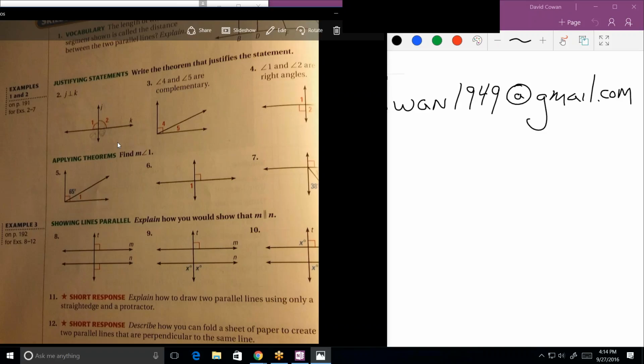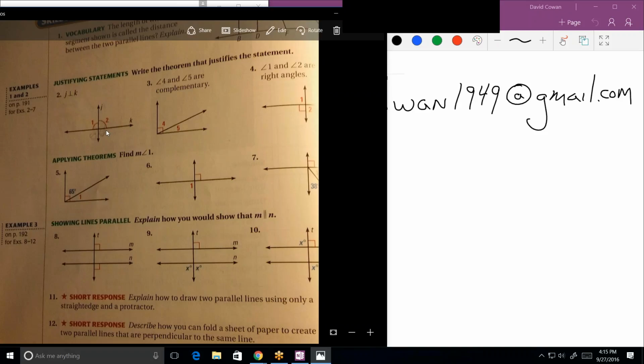There's no way one could be 91 degrees and the other 89. This tick mark, this curvature line, means that 1 is equal to 2. And we can tell they're a linear pair, so the only possible answer is that 1 has to be 90 degrees and 2 has to be 90 degrees, and that's what makes them perpendicular.